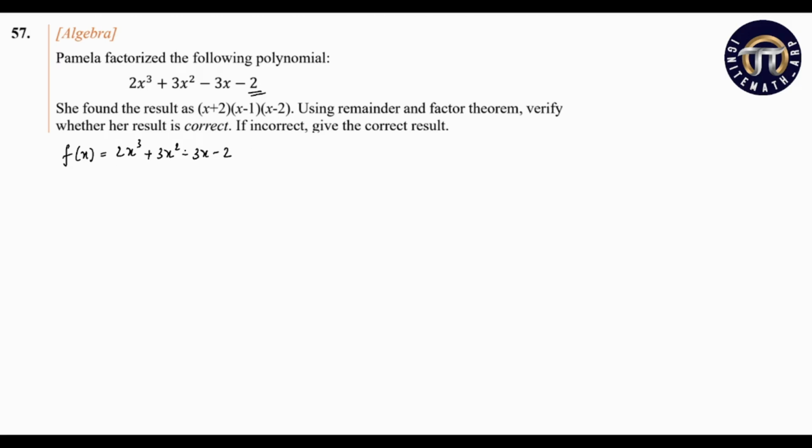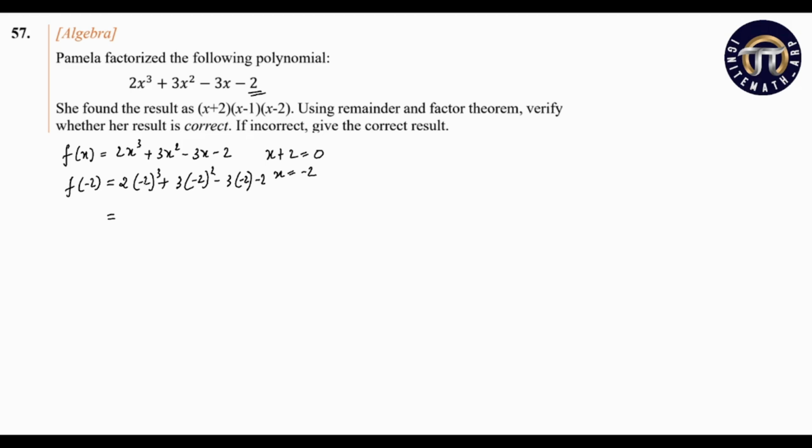Now they are telling that one of the factors is x plus 2. So x plus 2 equal to 0, x is equal to minus 2. I can find out f of minus 2. That is 2 into minus 2 the whole cube plus 3 into minus 2 the whole square minus 3 into minus 2 minus 2.